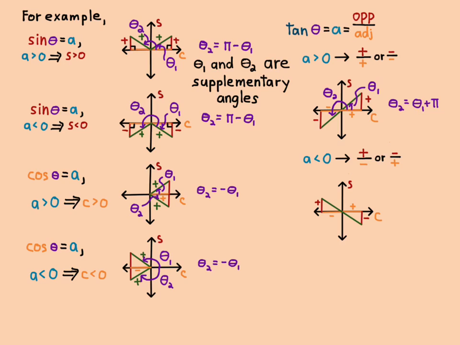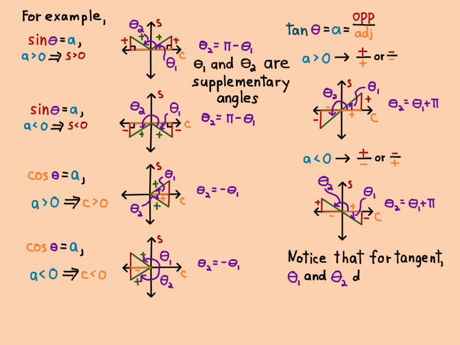Notice for tangent, these terminal sides are always opposite. So again, theta 2 equals theta 1 plus pi. Notice that for tangent, theta 1 and theta 2 differ by the period of tangent theta, which is just pi.